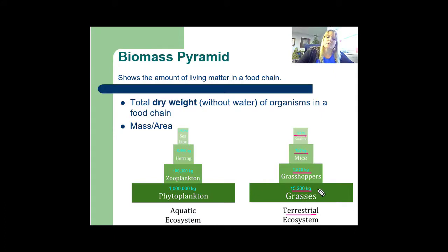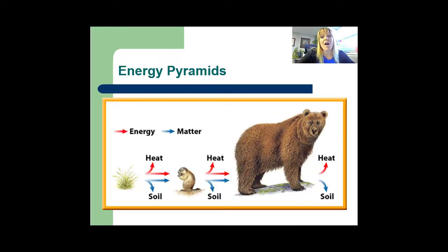So again, you notice your vast majority of biomass, or number of organisms, is taken up at the producer level, and then your apex predators is a very small relative amount. Okay, this explains why the apex predators are so small compared to the producers.